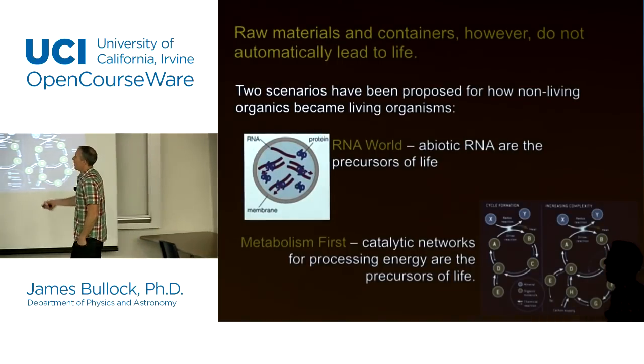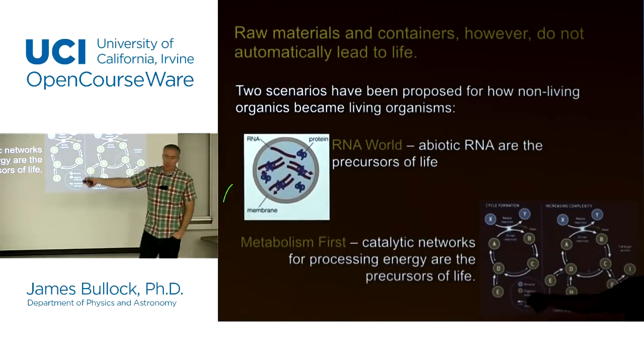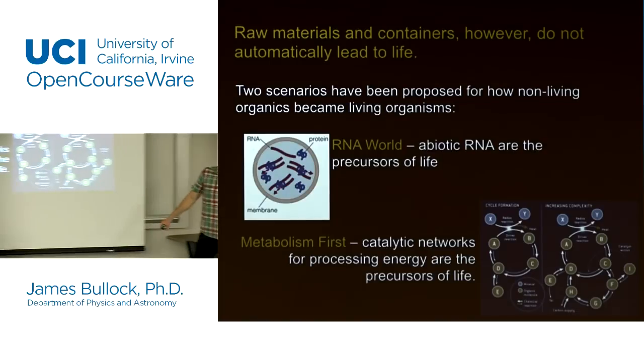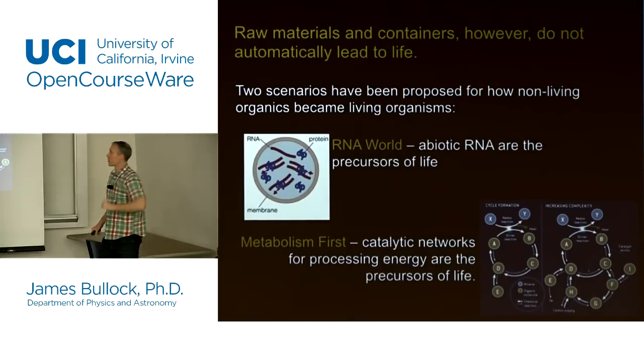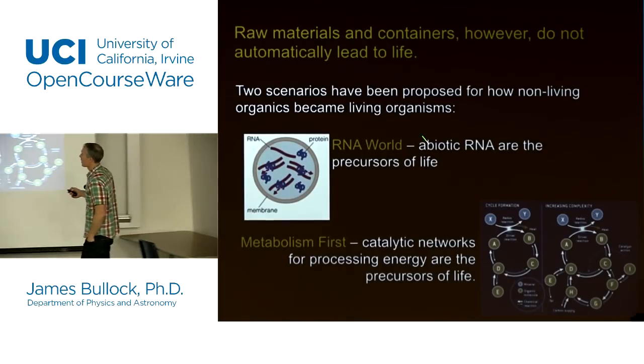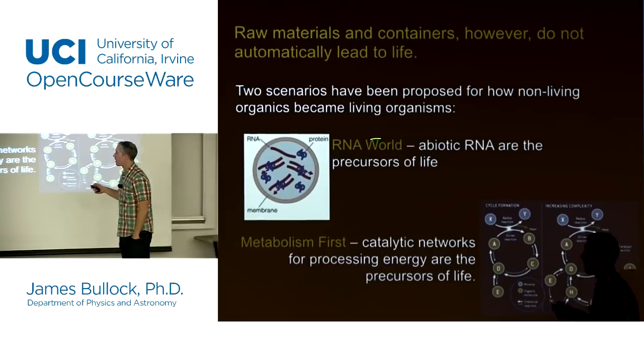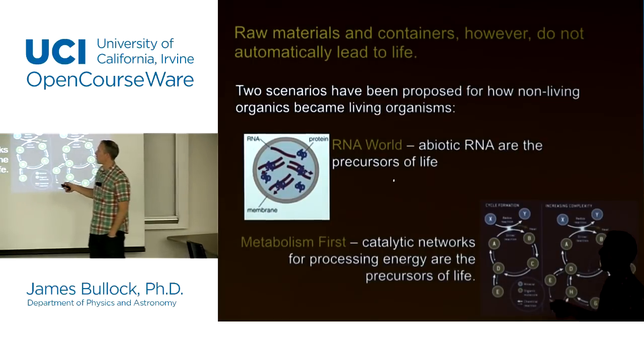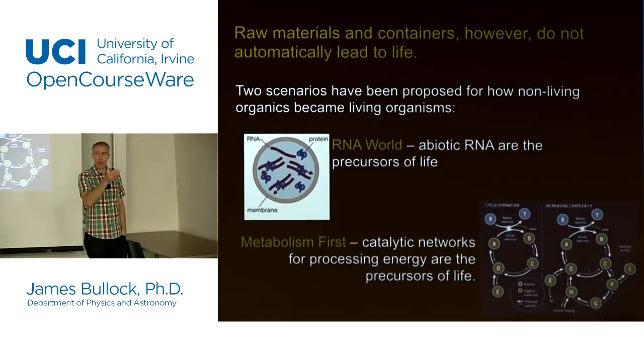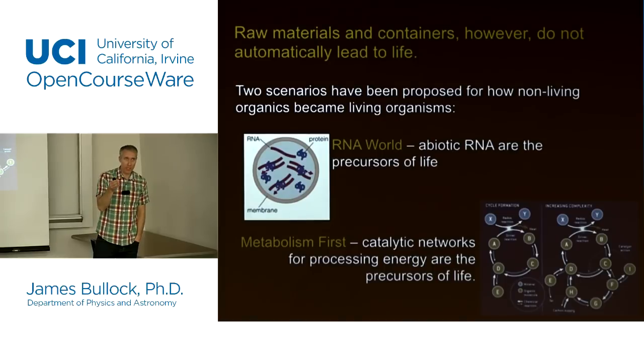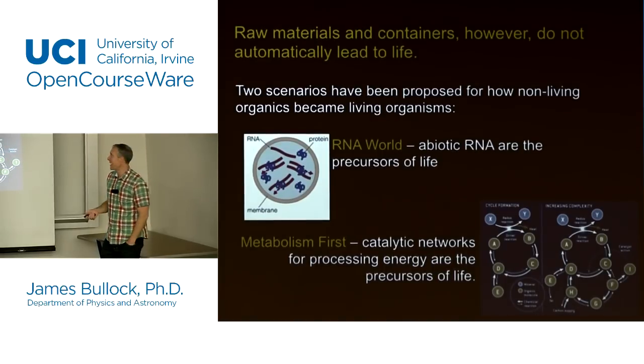There are basically two scenarios that people talk about of how you go from this early chemical world to the biology world and how that happens. One is via an intermediate step that's called RNA world. So the first forms of life or pre-life were based on RNA rather than DNA.